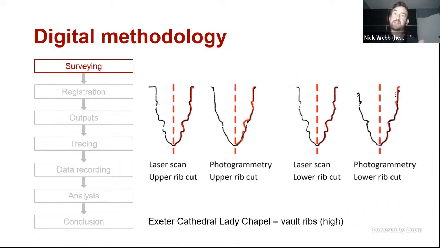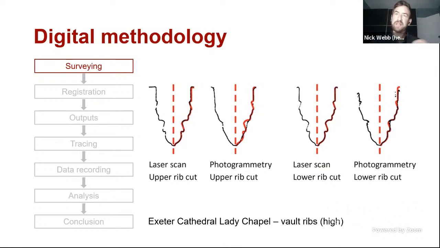However, when we then start to look at what we're more interested in, and that is the vaulting above, and in the Lady Chapel, for this case, it was about 10 meters above us, we start to see a breakdown between the laser scan version and the photogrammetry version. Bear in mind that most of our scans are taken from the cathedral floor, so we're always, as I said, in this case, about 10 meters away.